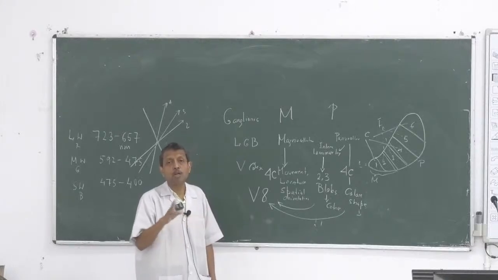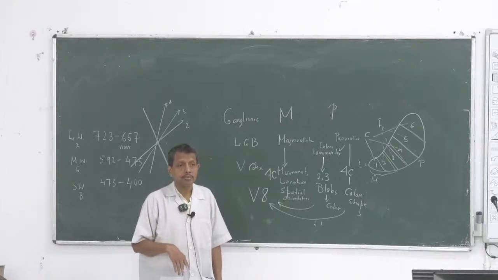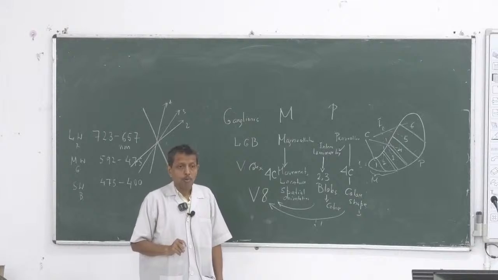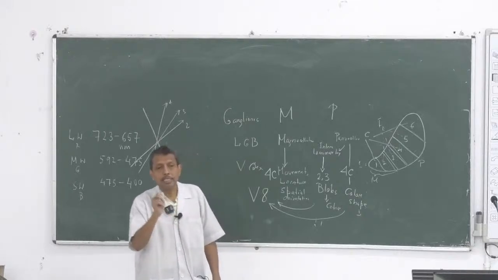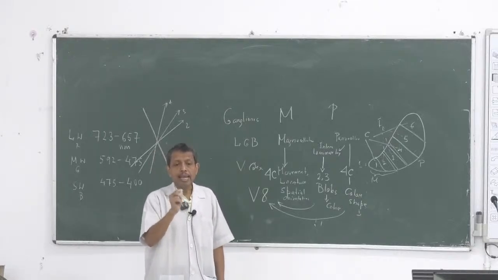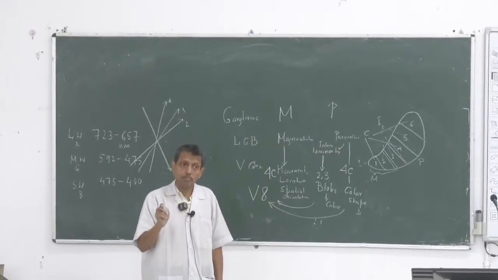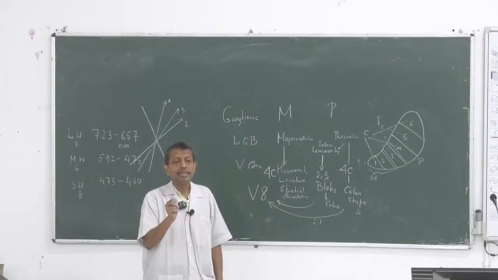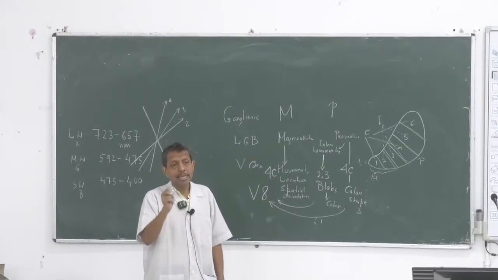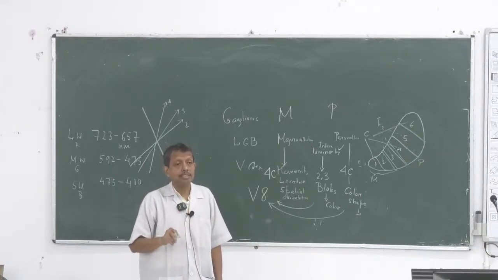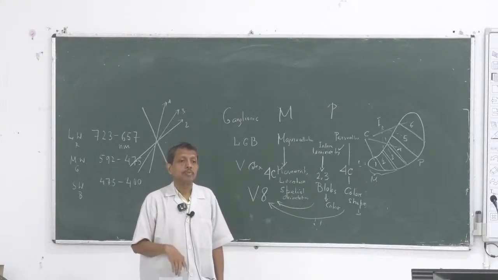And there are three types of color detection system. One system detects the difference between the L and M cone system, a red-green difference between them. Another detects the blue minus L plus M, short wave minus L plus M, and another detects only the intensity, L plus M systems.